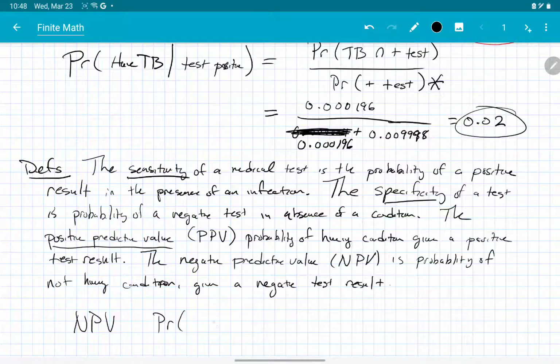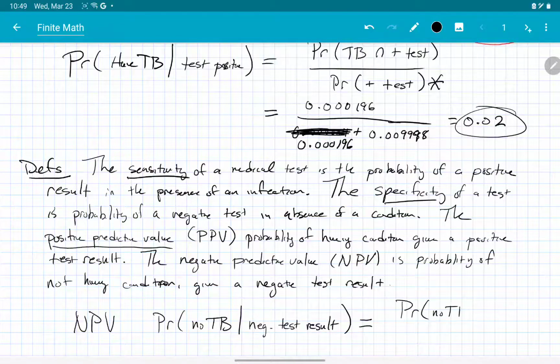This is the probability of no TB given a negative test result. Probability of not having the condition given a negative test result. So this is going to be the probability of having no TB and a negative test divided by the probability of a negative test.